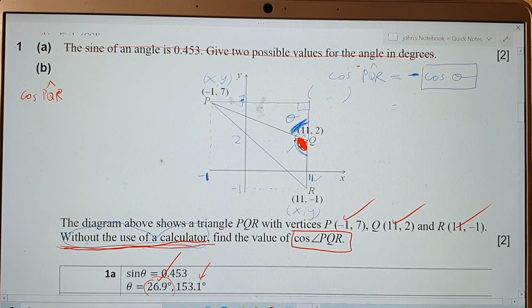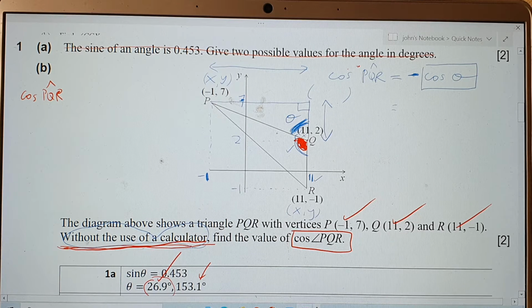Once you know all these, you will be able to find the coordinates of this point already. But I'm not really interested in the coordinates, I'm interested in this length, and this length, because this is my right angle triangle. If I know this and this, I can find this PQ.